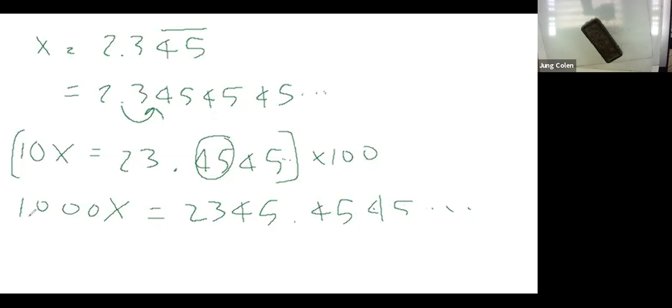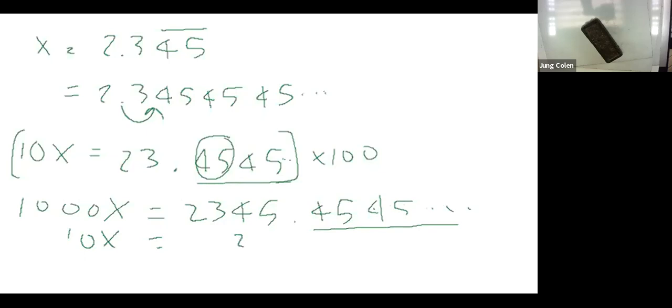Now compare 10x and 1,000x. Both 10x and 1,000x have 45 in the decimal places, right? So now we can subtract 10x from 1,000x. Okay, so let's write down 10x here.